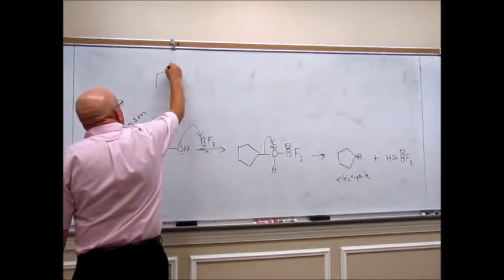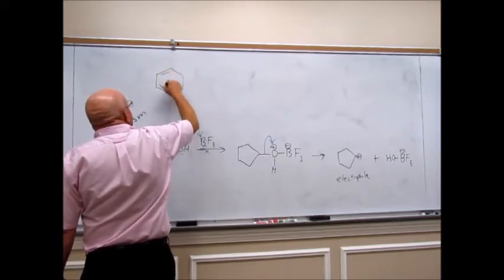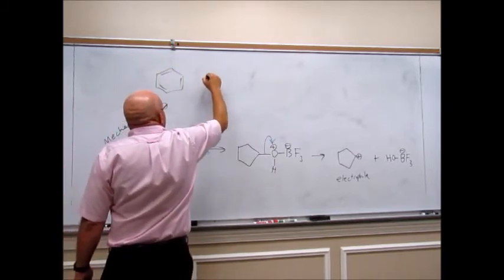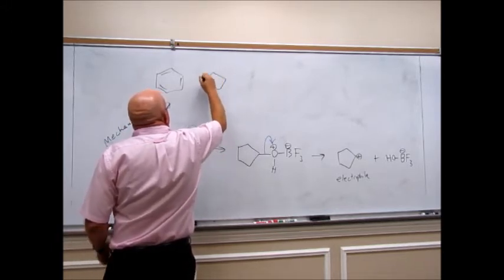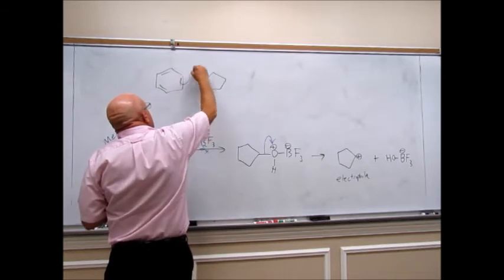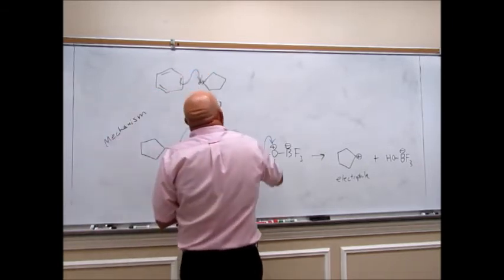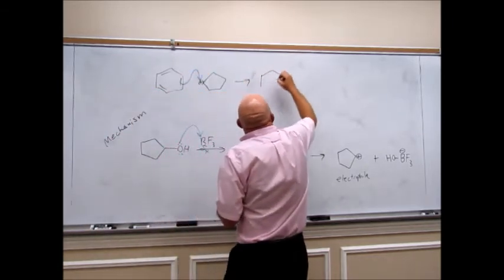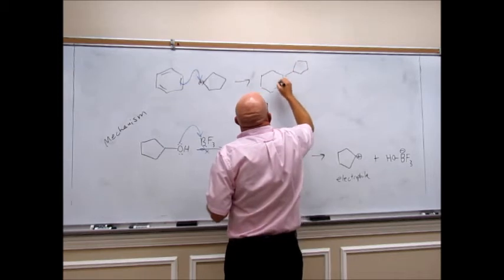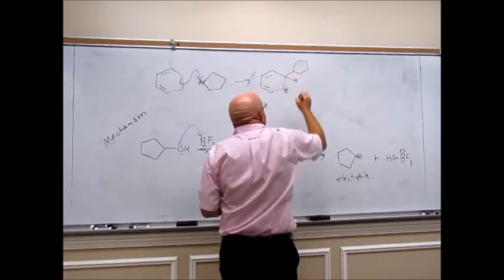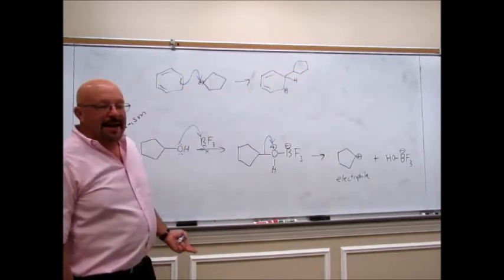I said I wasn't going to finish it, but I'll go ahead and finish it. Let's take our carbocation. Take a pair out of the aromatic ring and give it to the cation. There's our arenium ion.